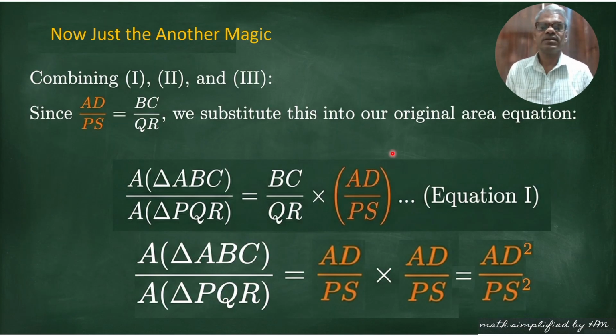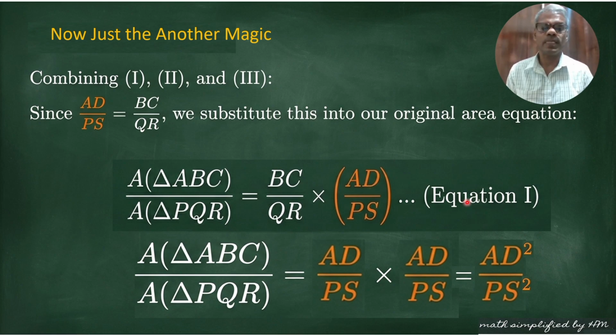Now just another magic. Combining 1, 2 and 3, since AD upon PS is equal to BC upon QR, we substitute this into our original area equation, that is area of triangle ABC upon area of triangle PQR is equal to BC upon QR into AD upon PS.